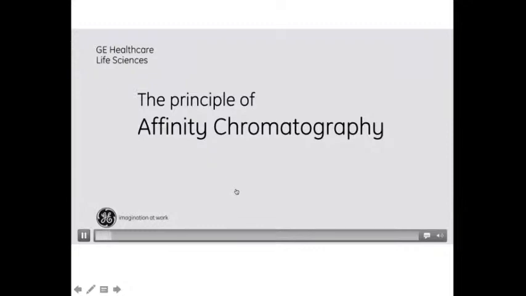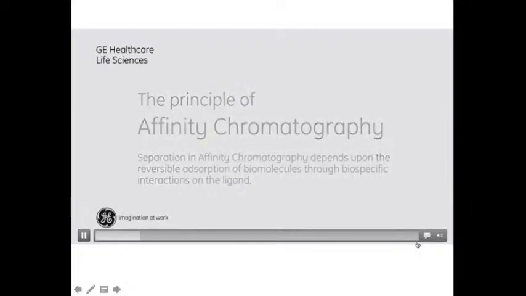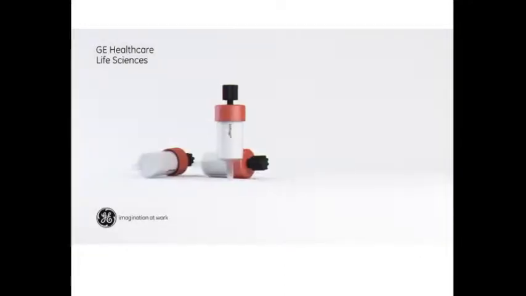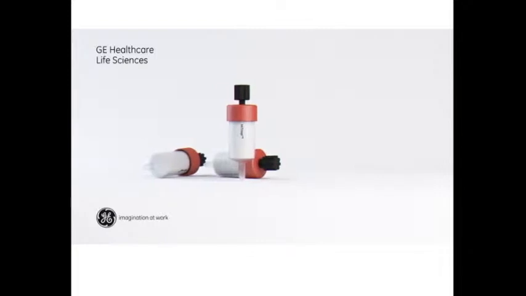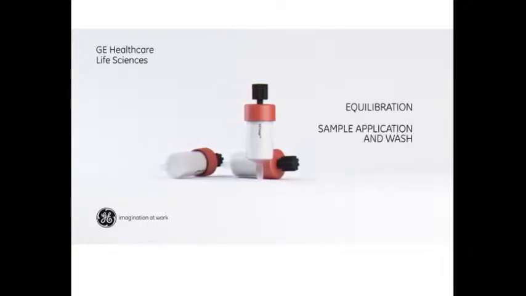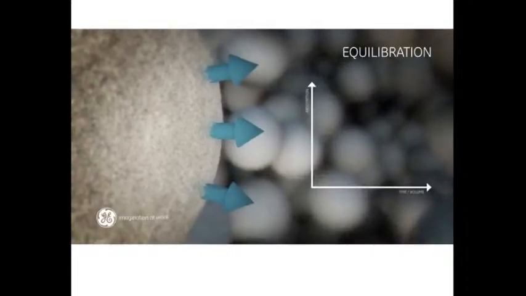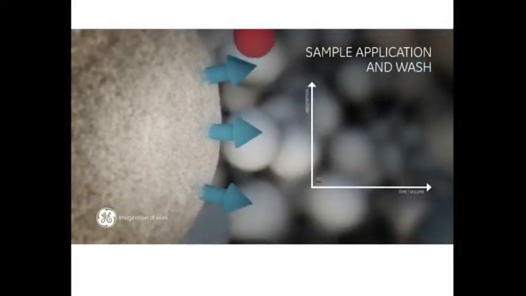It depends upon the reversible adsorption of biomolecules through biospecific interactions on the ligand. Most affinity chromatography experiments are performed in three main stages: equilibration, sample application and wash, and elution. The first step is the equilibration of the stationary phase to the desired start conditions. The second step is sample application and wash.